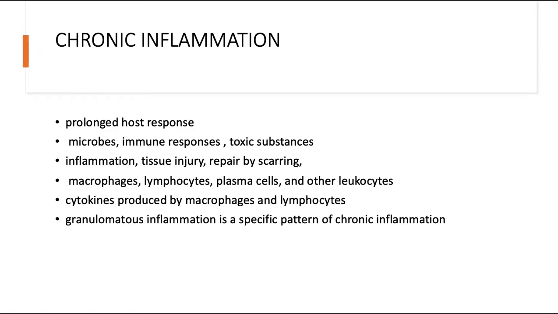Chronic inflammation is characterized by coexisting inflammation, tissue injury, attempted repair by scarring, and immune response. The cellular infiltrate consists of macrophages, lymphocytes, plasma cells, and other leukocytes. It is mediated by cytokines produced by macrophages and lymphocytes, notably T lymphocytes.